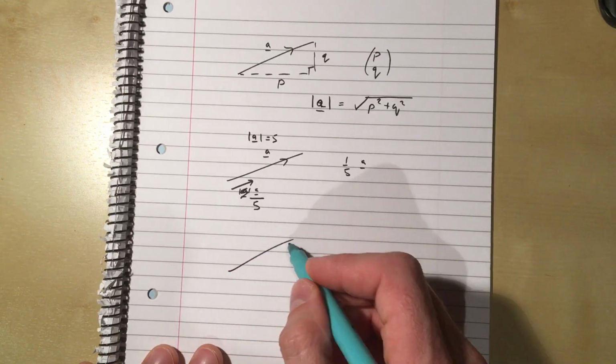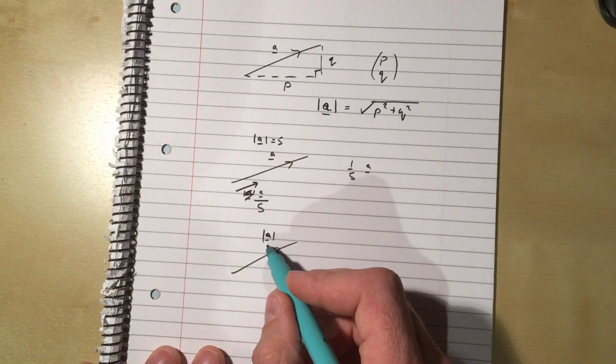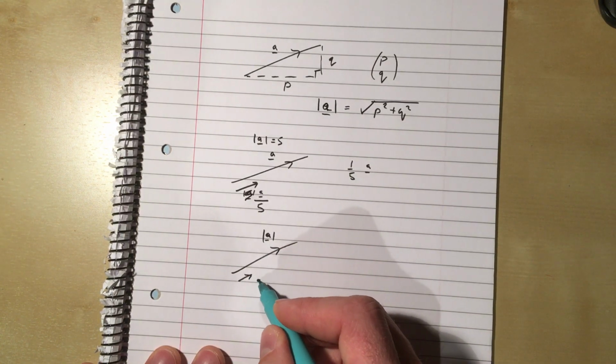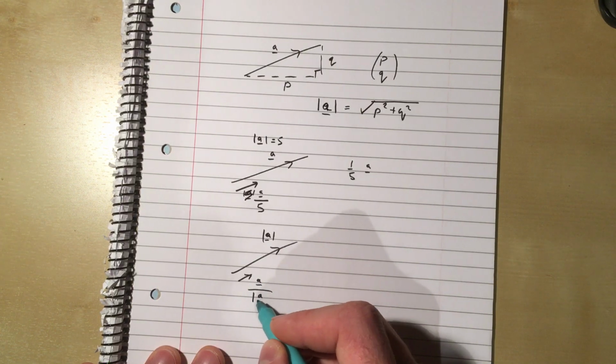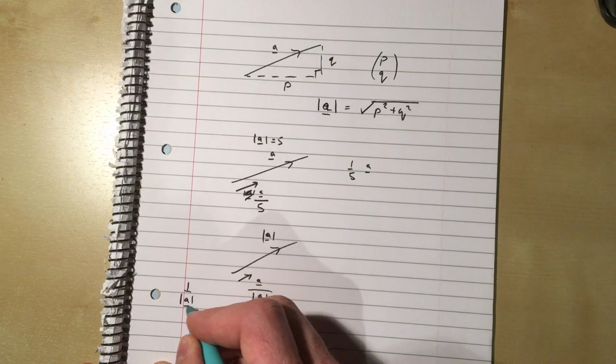If I've got a vector and it doesn't have a magnitude of 5, it has a magnitude of mod A, then I take the vector and I divide by mod A. So in other words, I times by 1 over mod A, whatever mod A happens to be.